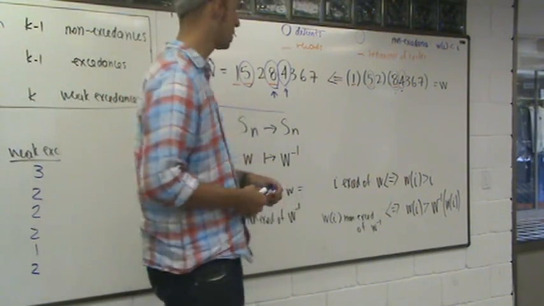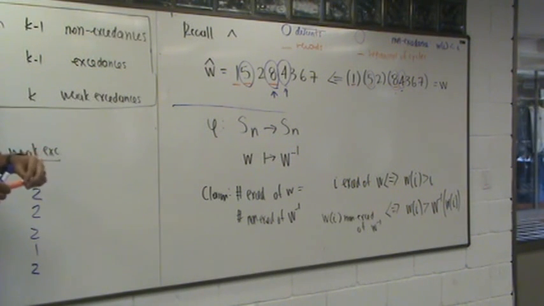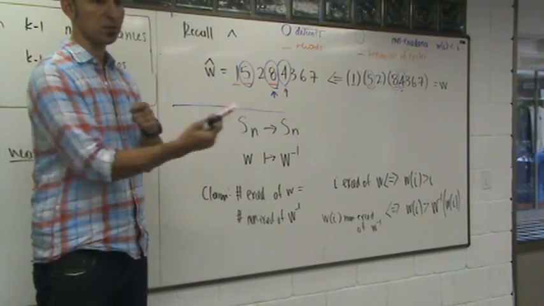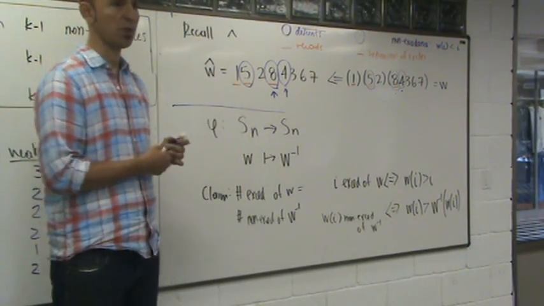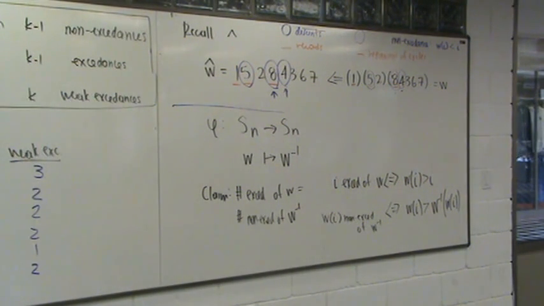So this is how you prove that exceedances and non-exceedances are equidistributed. So you see, the possibilities here are endless. There are so many different transformations from permutations to themselves, and you can use them to transfer results from one place to another. Any questions about that?